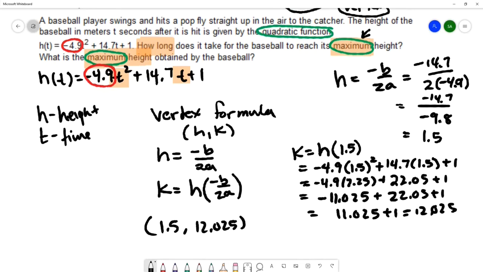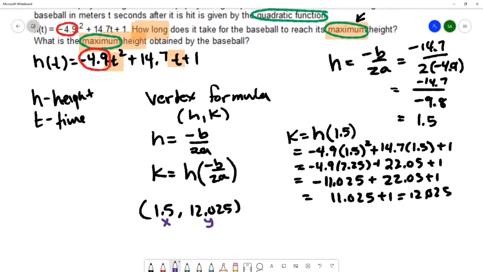So we want to make sure we know what these values mean. Ordered pairs are typically x and y values. In this example, x and y weren't used. We have t and h. So t is our x, our independent variable, and h is our y, our dependent variable.